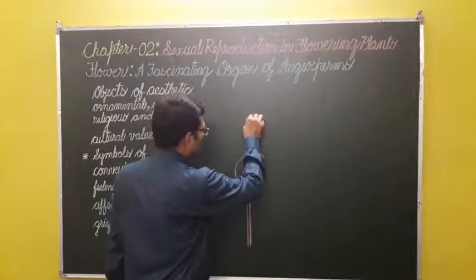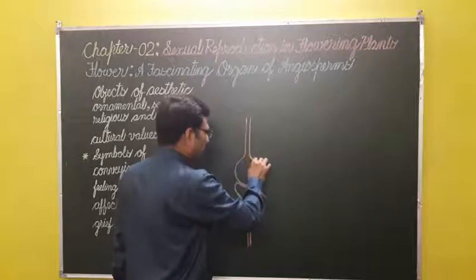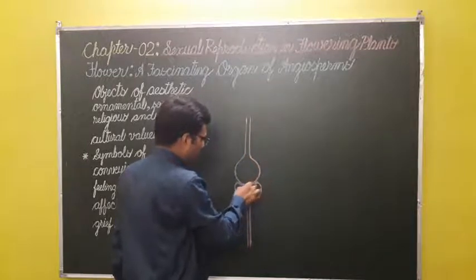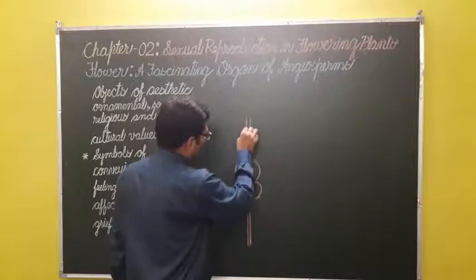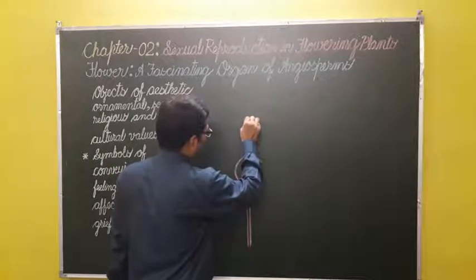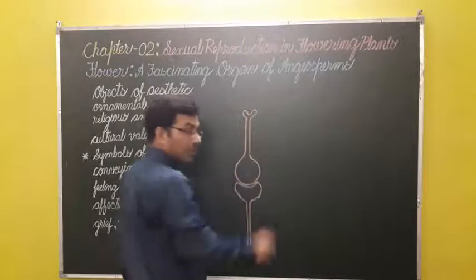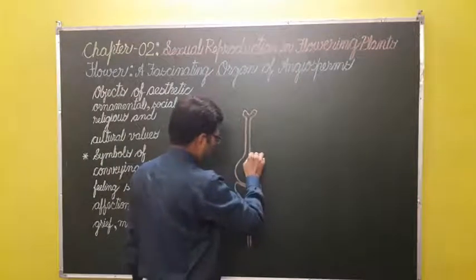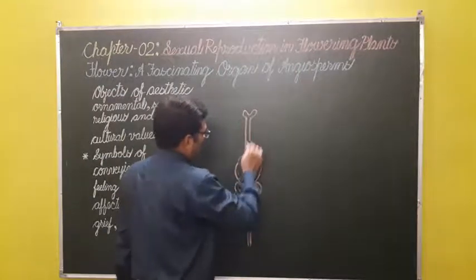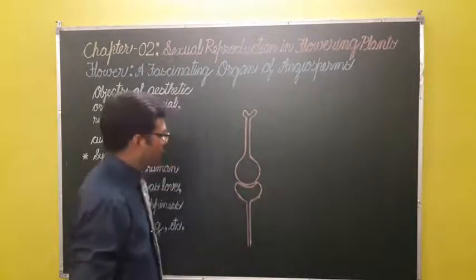So this is a flower, it has 4 different whorls. Right now I'm drawing the central whorl of a flower, which is called gynoecium. And gynoecium is made up of some units which are called carpels. So this is the central whorl, that is the gynoecium.